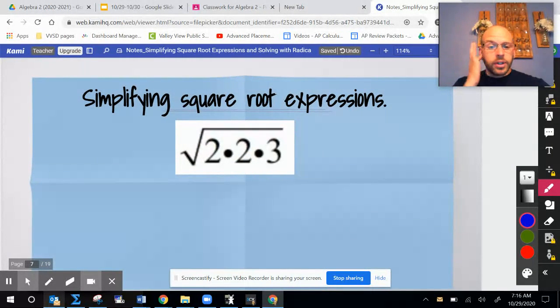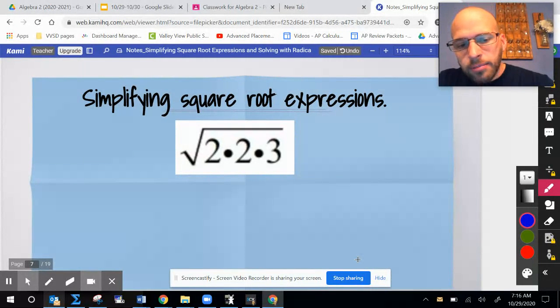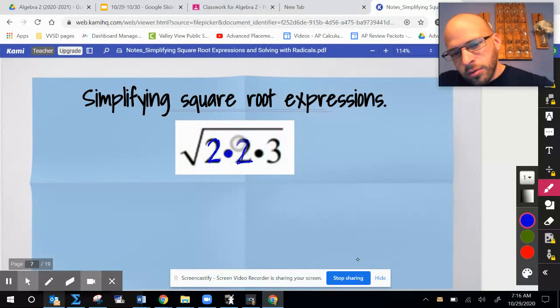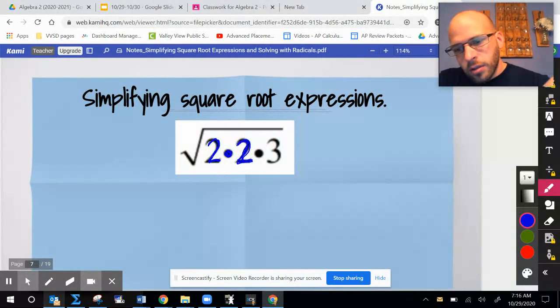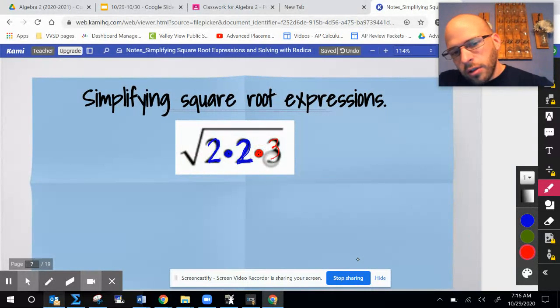Now, let's take a look if we have some different things on the inside. Taking that last problem, I put a little times 3. So I want you to see I have a 2 times 2 times 3.